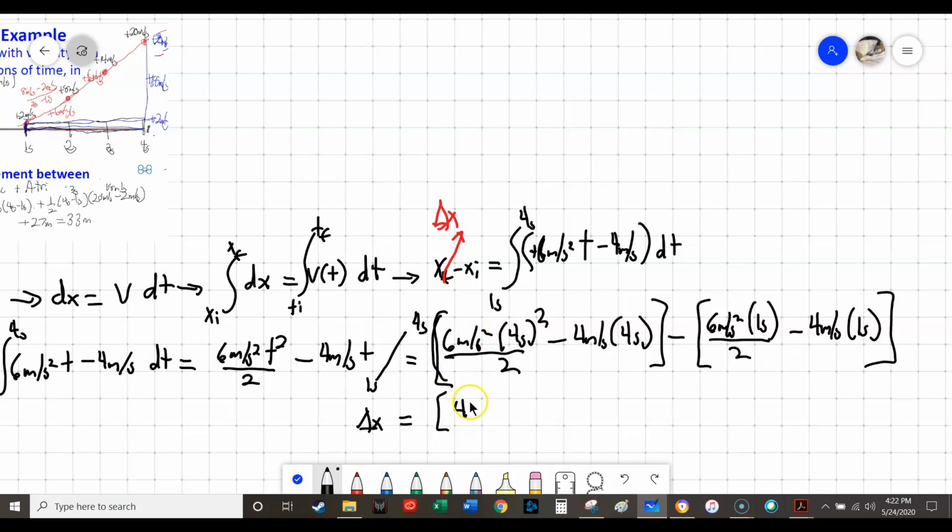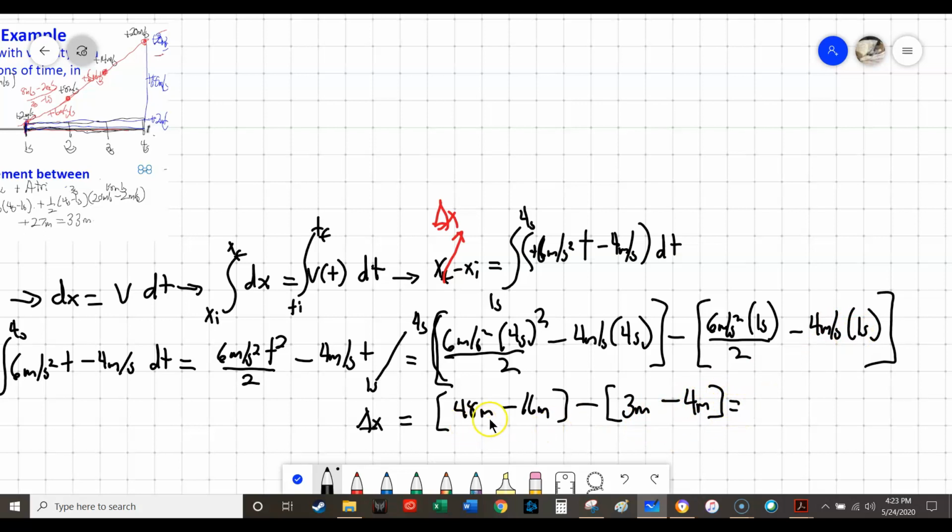So this is going to be 48 meters minus 16 meters minus, and this is going to be 6 times 1 divided by 2, which is going to be 3 meters minus negative 4 times 1, so that's going to be minus 4 meters.